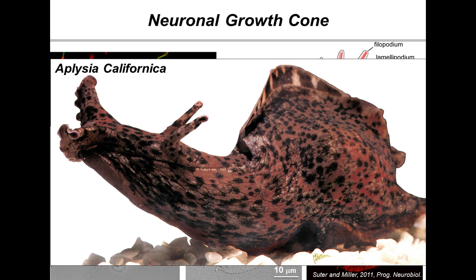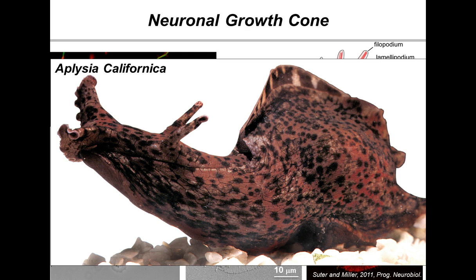We see the different domains: the peripheral domain or P domain, the transition zone or T zone, and then the central domain or C zone. These different domains have different distribution of the cytoskeleton. The F-actin cytoskeleton is particularly in the P domain in the form of filopodia, indicated in the schematic, and lamellipodia.